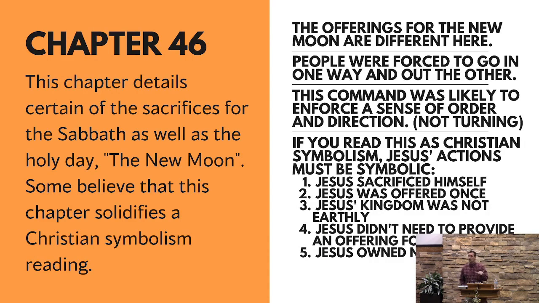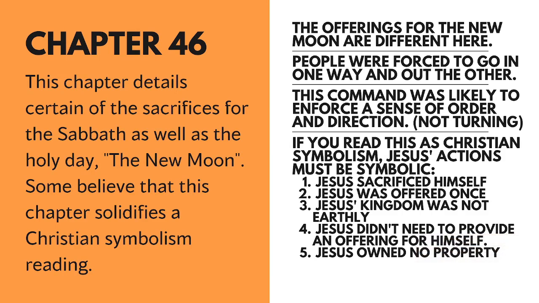He was the sacrifice. 2, Jesus was offered once. It says here that they're to be offered continually. Jesus offered himself once. The 3rd thing, Jesus' kingdom was not earthly, and here it promises an earthly kingdom. The 4th thing is that Jesus did not need to provide an offering for himself because he did not sin. And here the prince did offer for himself. And last, Jesus owned no property, and here the prince is given property.